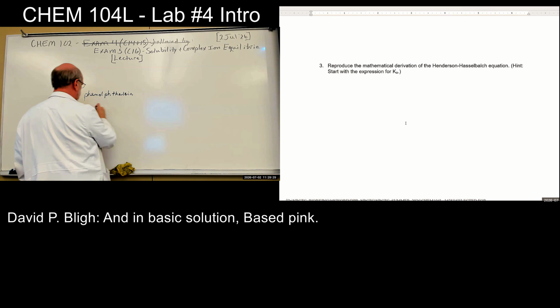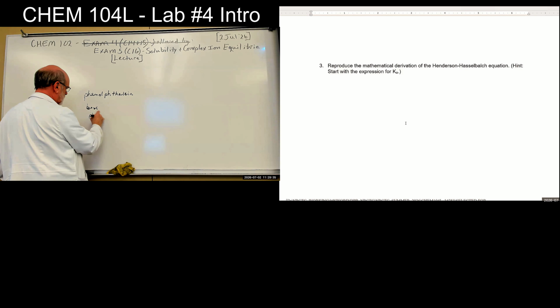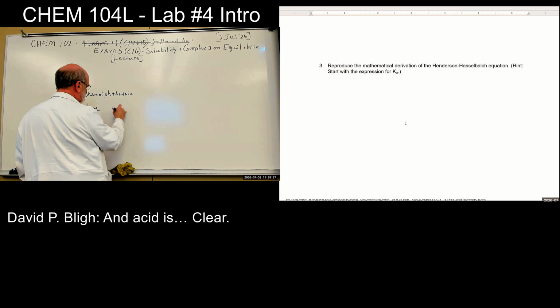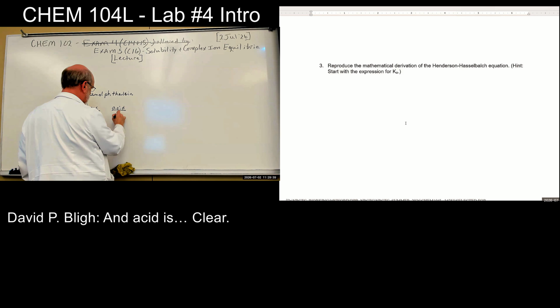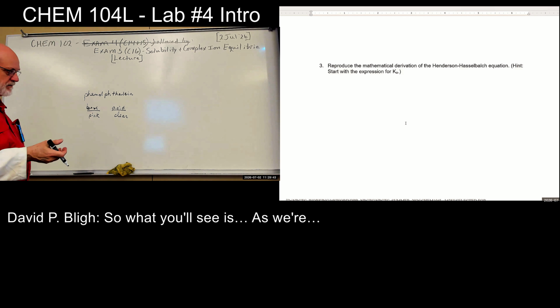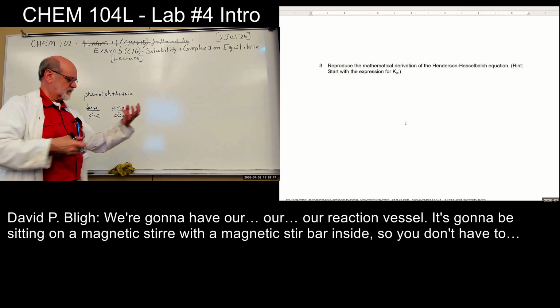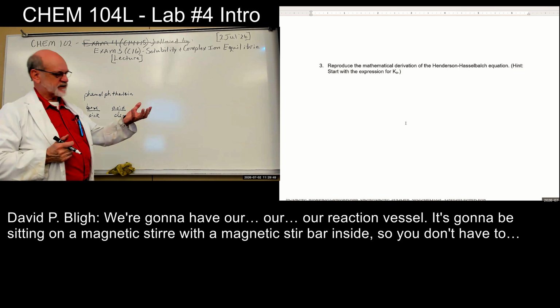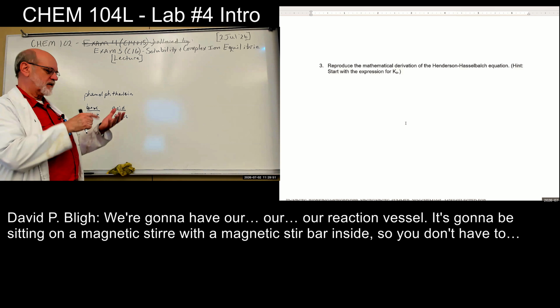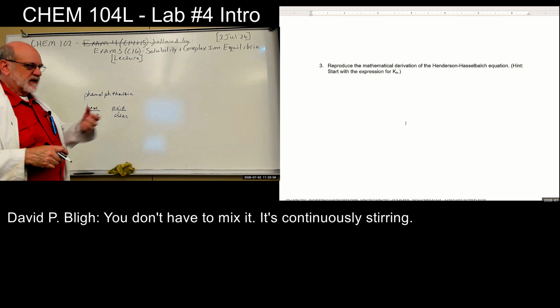And in basic solution, base is pink and acid is clear. So what you'll see is, our reaction vessel is going to be sitting on a magnetic stir with a magnetic stir bar inside, so you don't have to mix it.